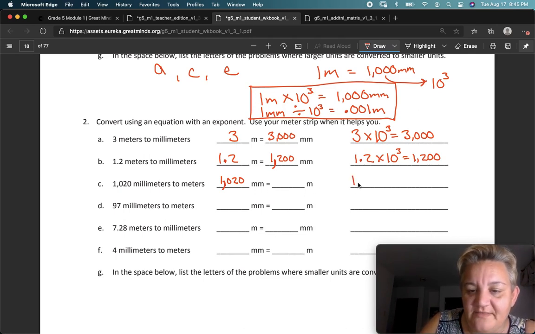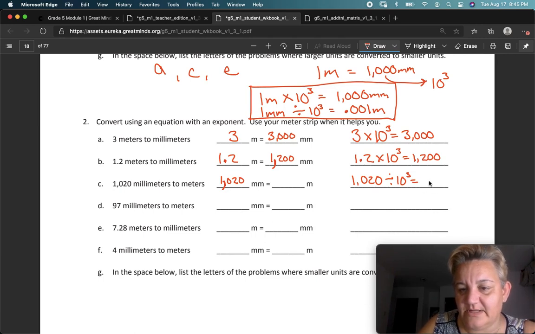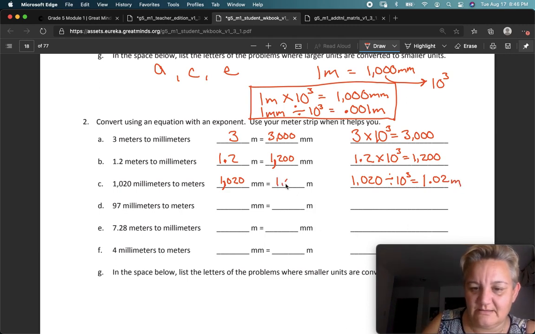So now I'm going to take my 1,020 millimeters, and I want to convert it to a meter, so I'm going to divide by 10 cubed, which equals, what are we going to get here? 1, 2, 3, which equals 1.02 meters. Okay. Do you see how I did that? I just moved that decimal point over how many spaces? 3 spaces. So I went from here to 1, 2, 3.